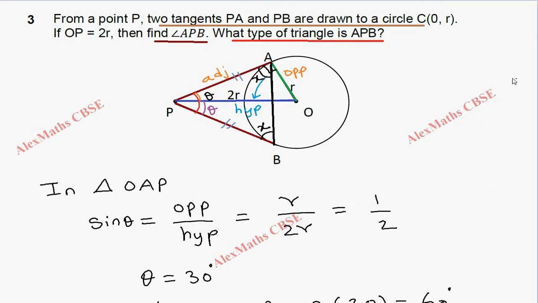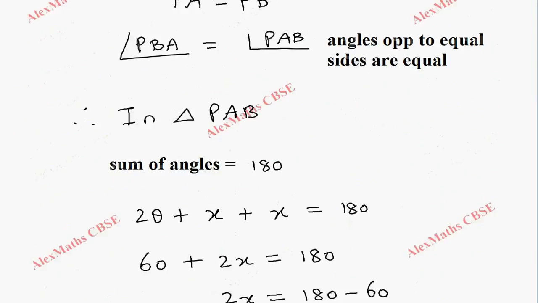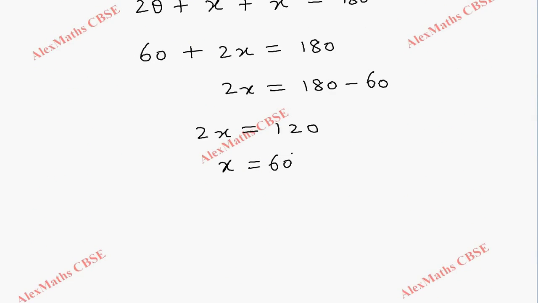But you have to find out what type of triangle APB is. This APB is this full triangle, and we found all three angles are 60. Let's redraw the triangle here. We have this triangle like this.